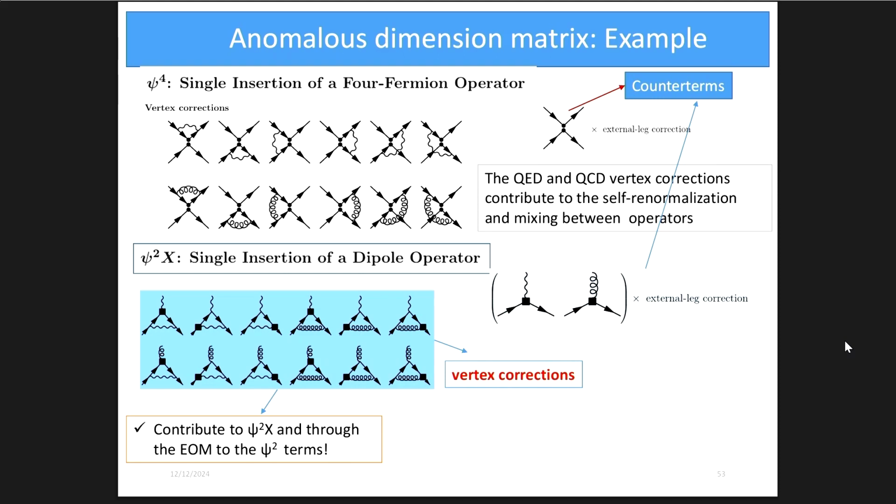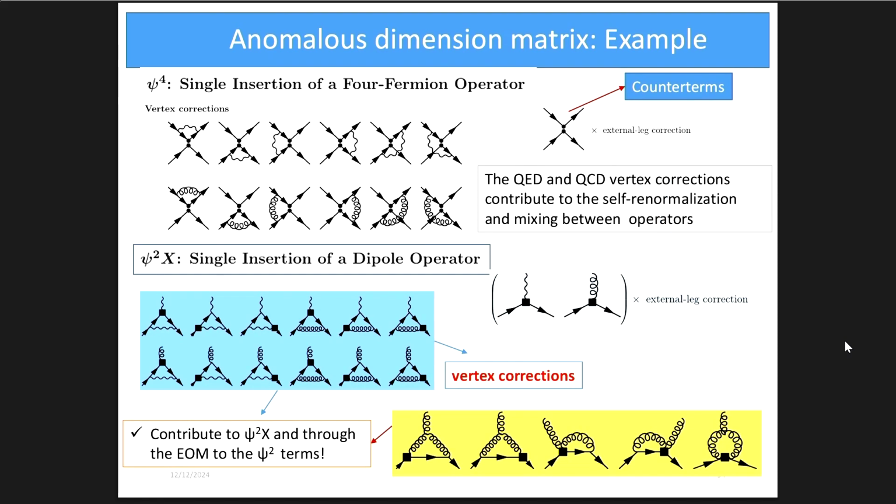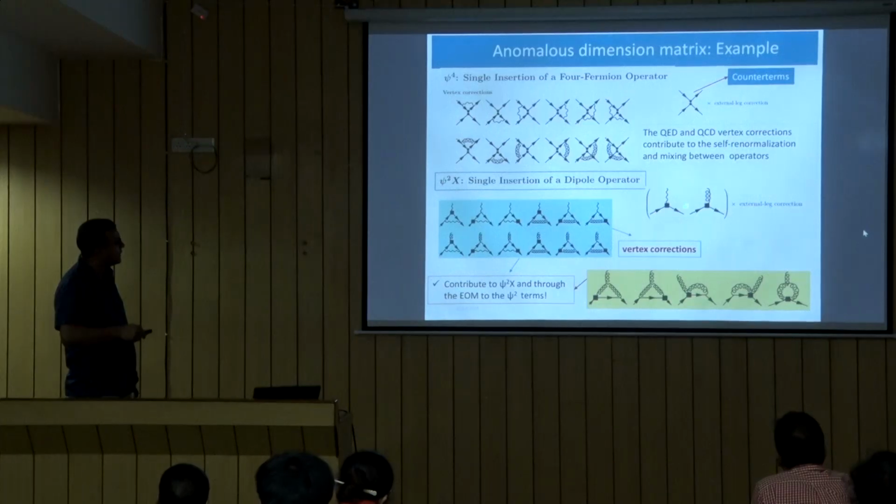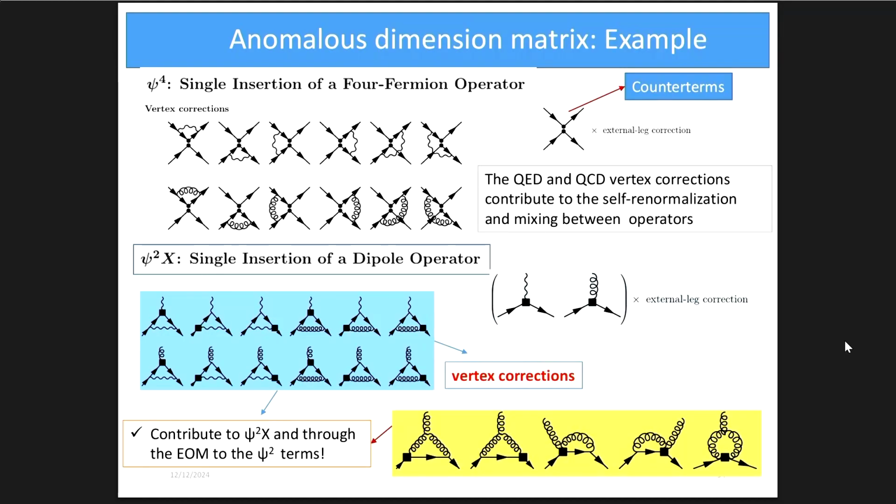This set of diagrams will contribute to this operator, and this set will contribute to that operator here. This whole thing will contribute to psi squared X as well as psi squared. In a way it will contribute to operator renormalization, and finally it will be converted to the anomalous dimension matrix.